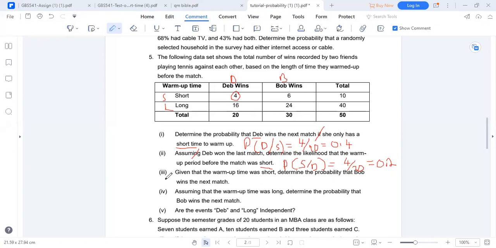Now, with that being said, I want somebody to intelligently give me the notation for part 3. Given that the warm-up was short, determine the probability that Bob wins the next match. What do we write?